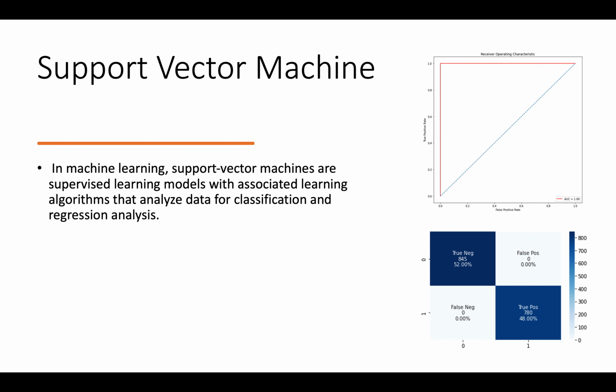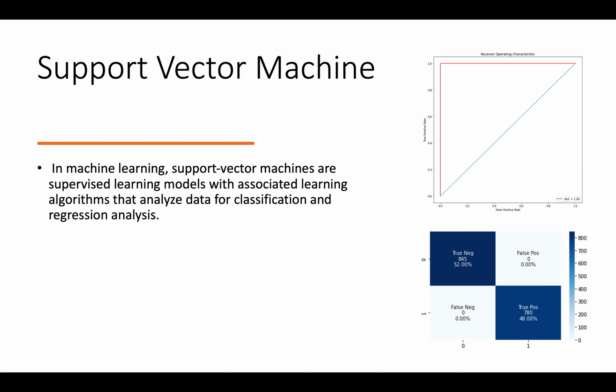The last method we use is support vector machine. In machine learning, support vector machines are supervised learning models with associated learning algorithms that analyze data for classification and regression analysis. In this model we built, we actually got an AUC of 1, which means the model works very well on our database.